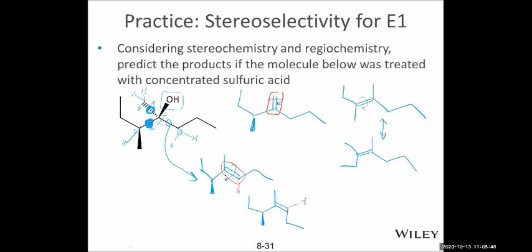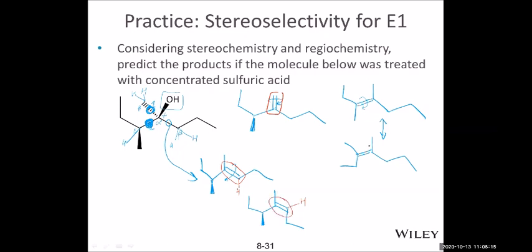How many alkyl groups on this alkene? 2, 3, 4, up to 4. How many? Only 3, right? Only 3 alkyl groups. And so it's better than 2. Both are 3 alkyl groups.